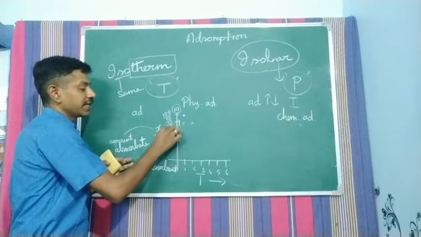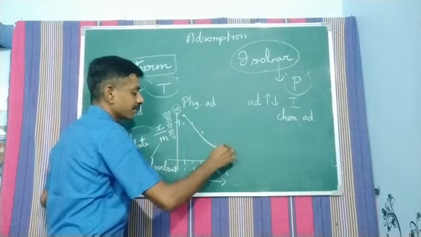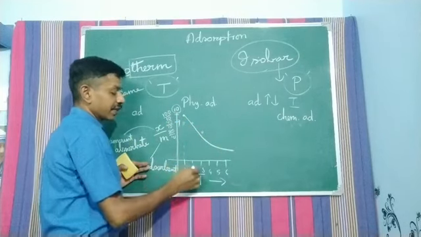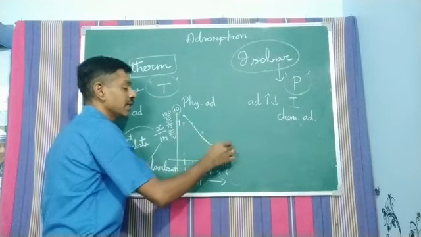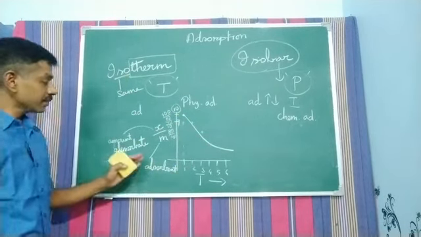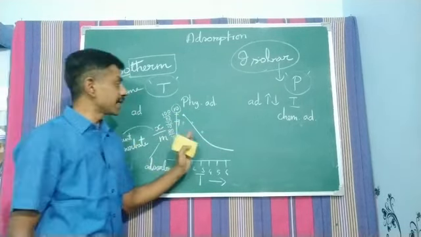Next time 80 by 10, it decreases. This behavior will continue. You will get a graph where, whenever you are increasing the temperature, the adsorption will slowly decrease. This behavior we can see in physical adsorption.